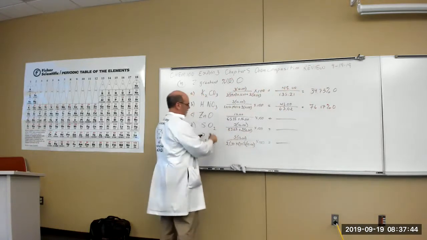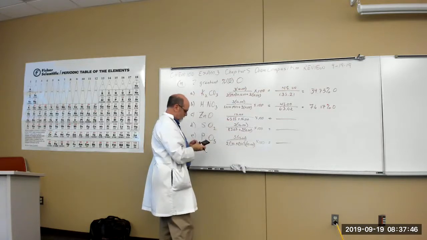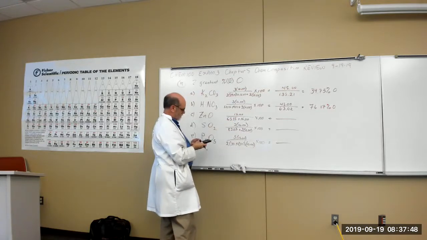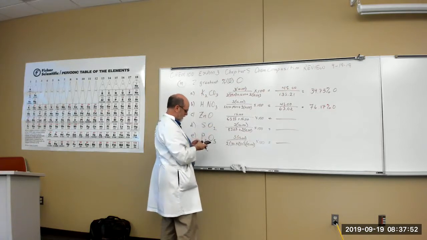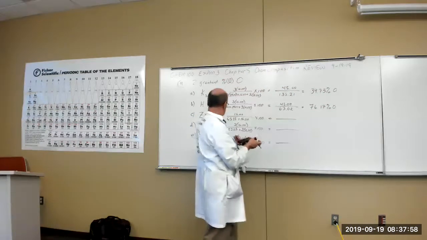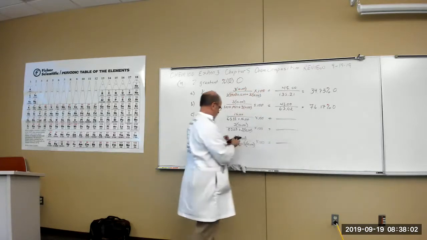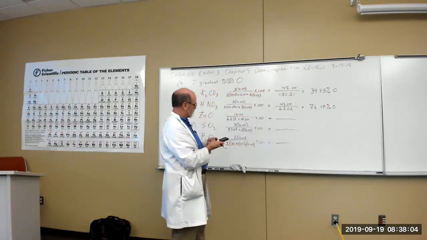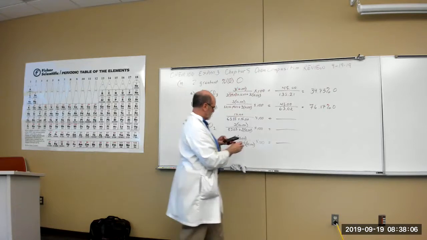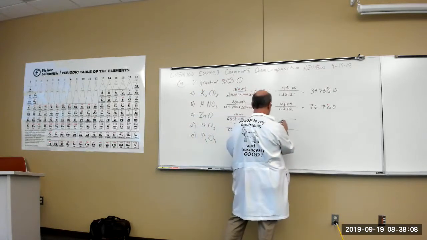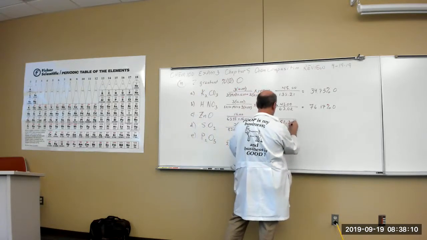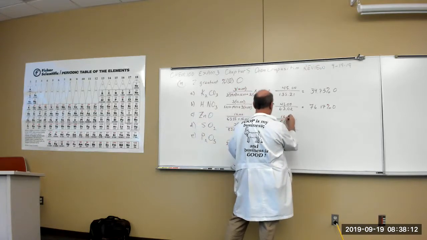Okay. This one is 65.38 and 16. And then divide that into 16. And I get 19. Oh, I forgot to do that again. Let's be consistent. 81.38 on the bottom. And then only 16 on the top.